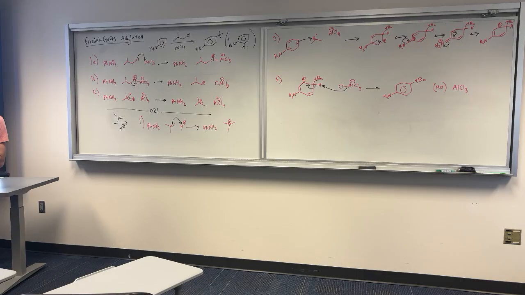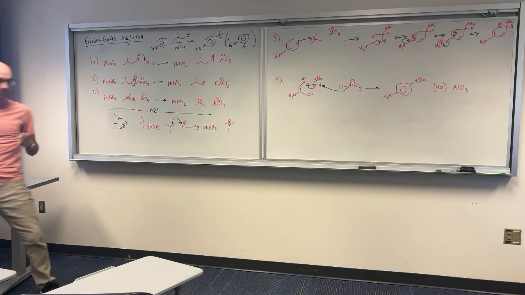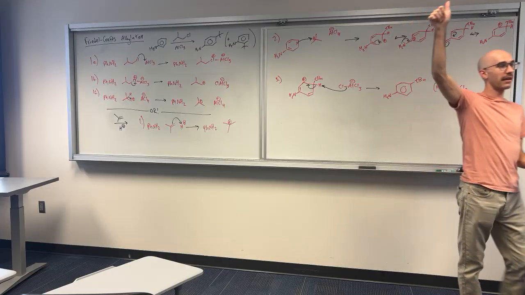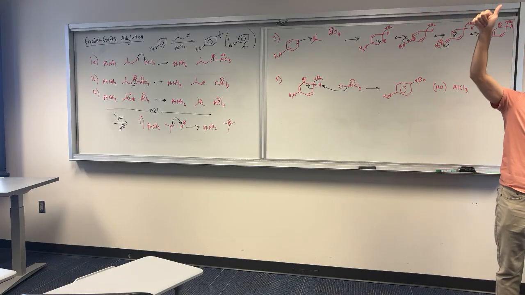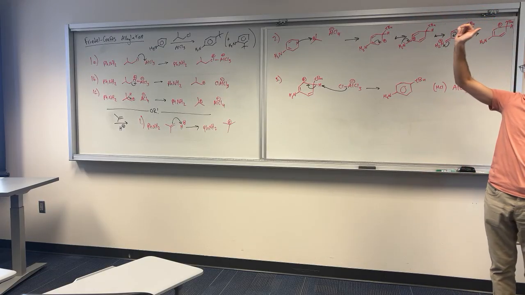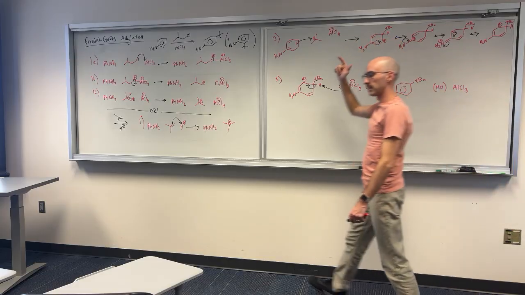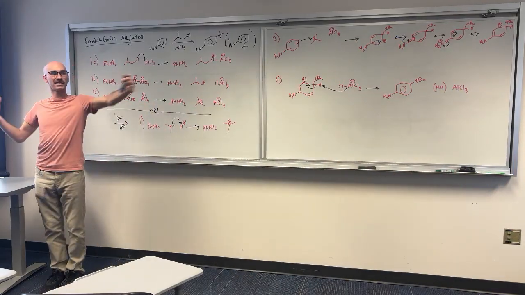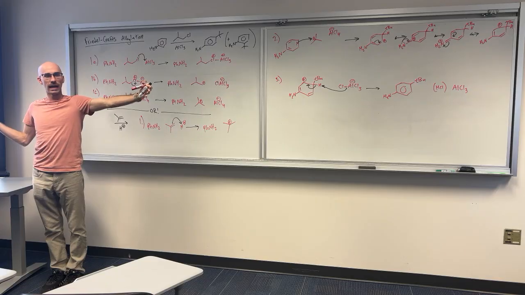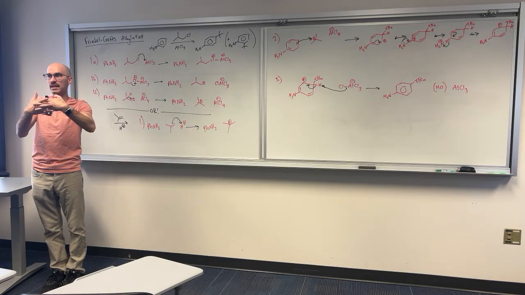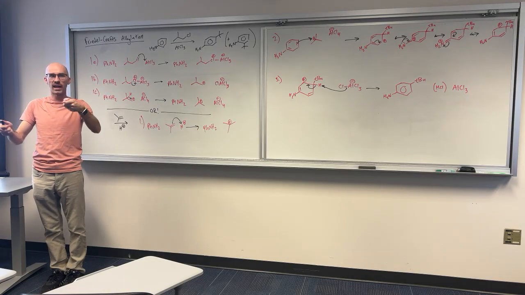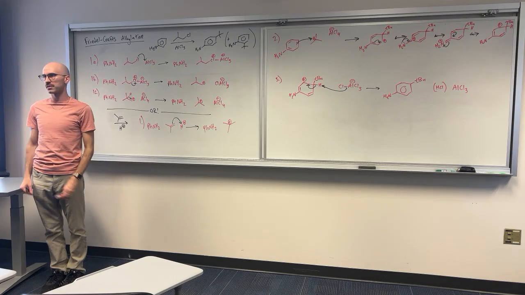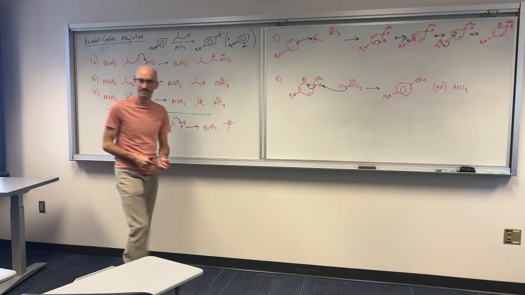So, tomorrow, my goodness, Thursday, Friedel-Crafts acylation mechanism. And then we're going to look at mechanisms of NAS. And then we're going to look at multi-step sequences. How can I bridge these together and take advantage of directing effects to make sure that I get the substituents that I want in the positions I want. All right?